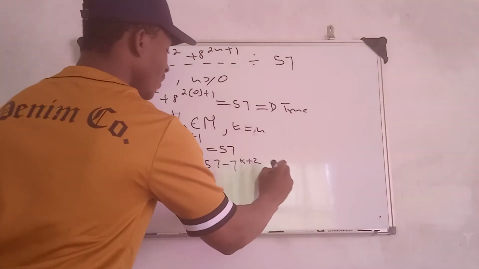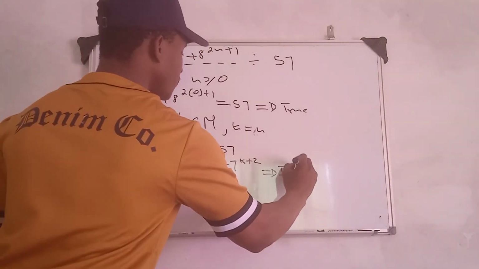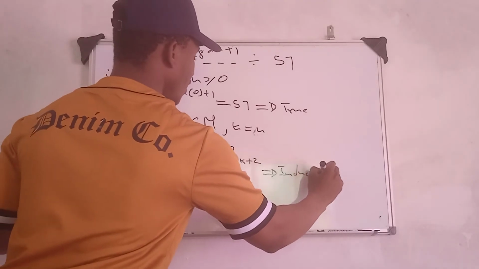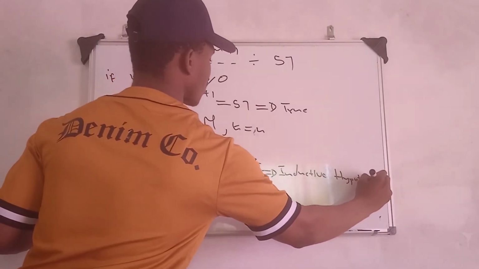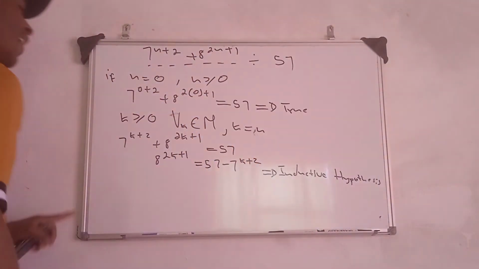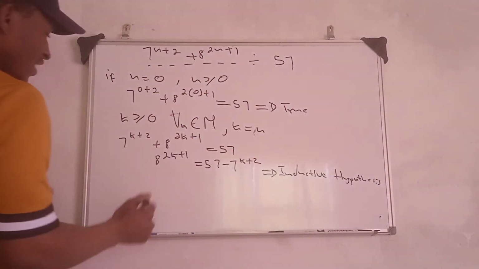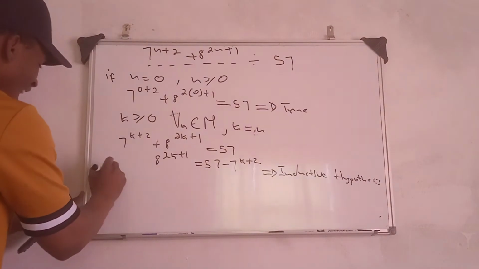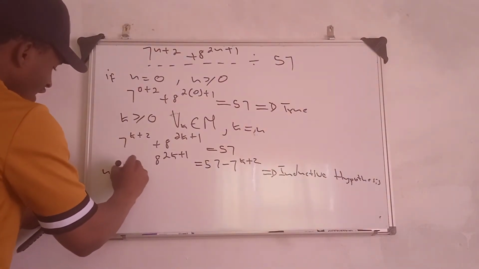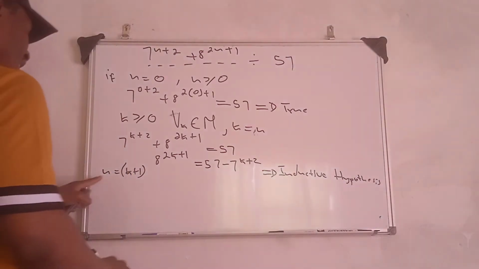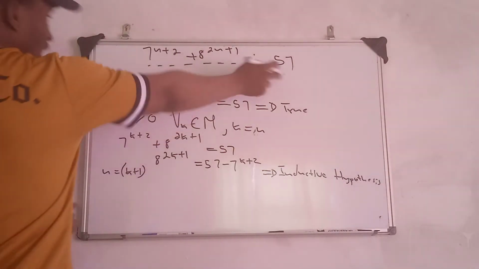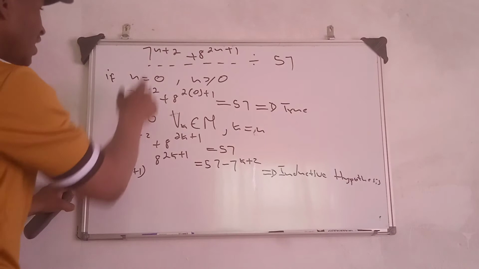And this is our inductive hypothesis. And if this hypothesis is true, that means for k plus 1, it's also true. So wherever I'm seeing n, I'm going to put k plus 1, in this statement again.